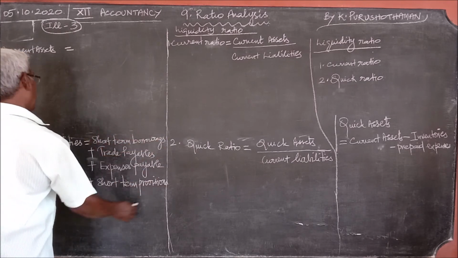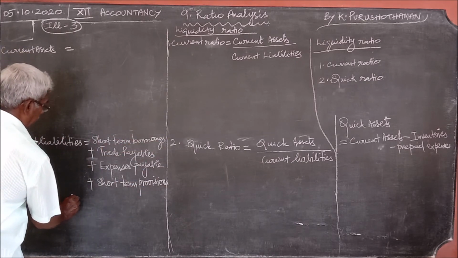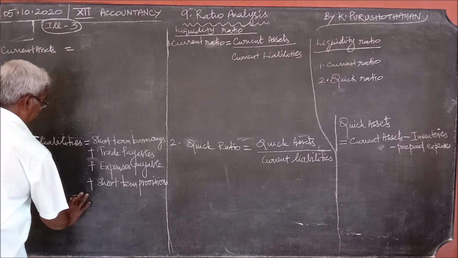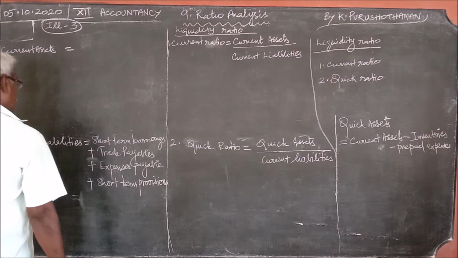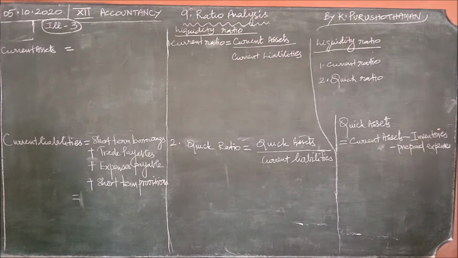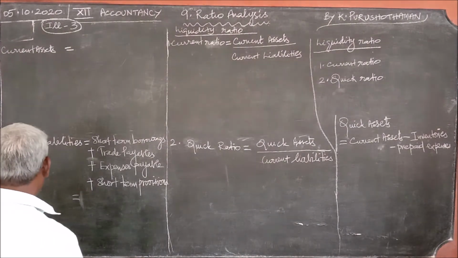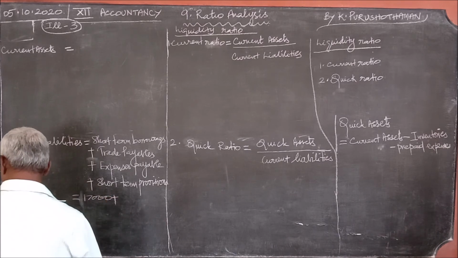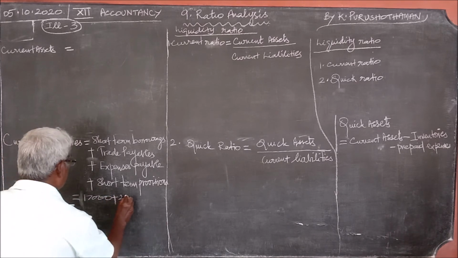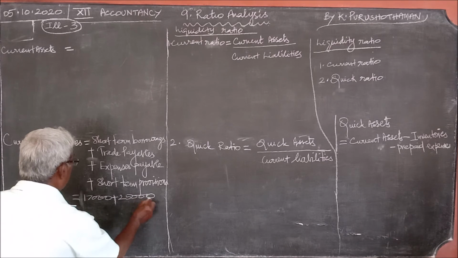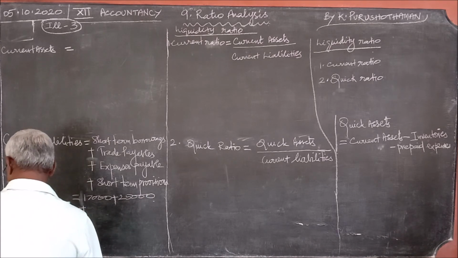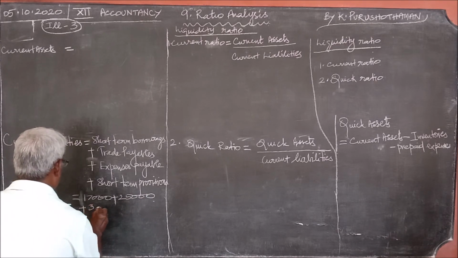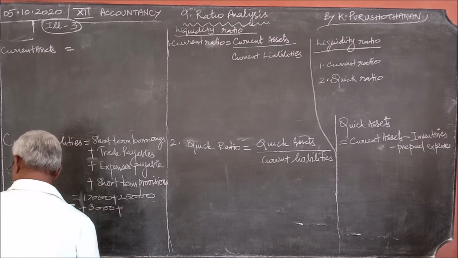These are all 4 items given in your book problem, that is given in the exercise and also in illustration. What are the amounts for that? 17,000 plus 25,000 plus 3,000 plus 5,000.